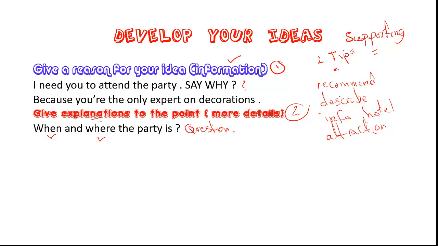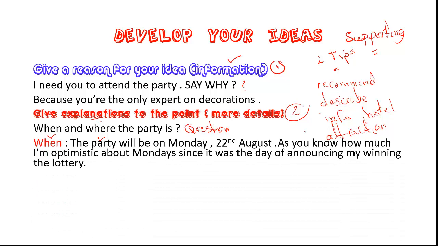Look here how we developed this idea. Oh, great, 3 lines. For the point of when, I mean the time of the party, we'll write: The party will be on Monday 22nd of August.